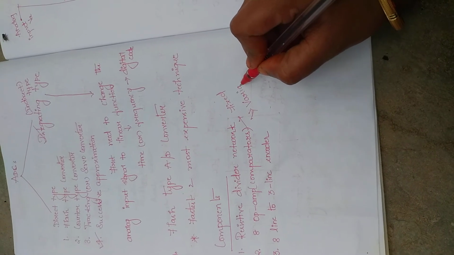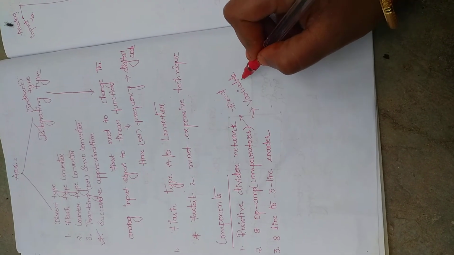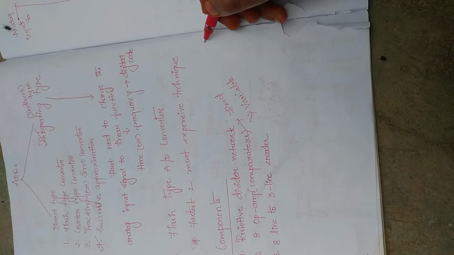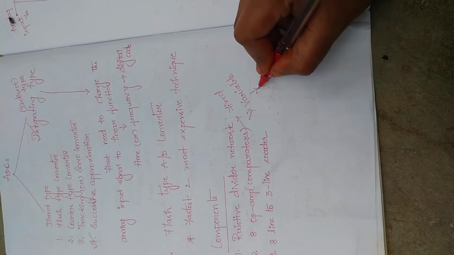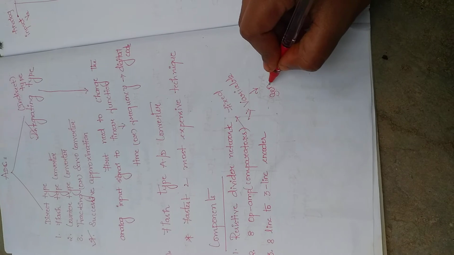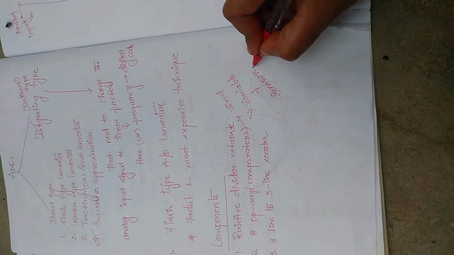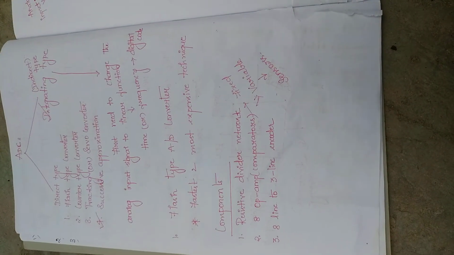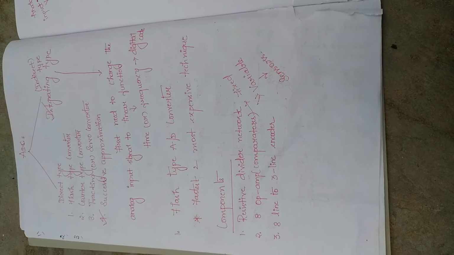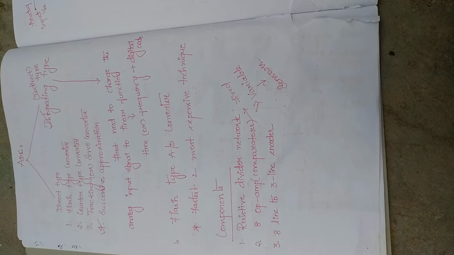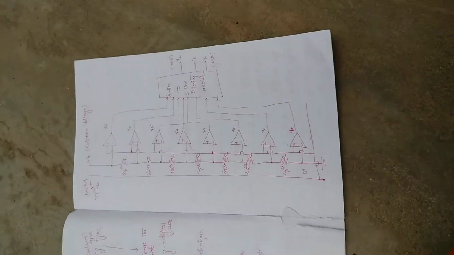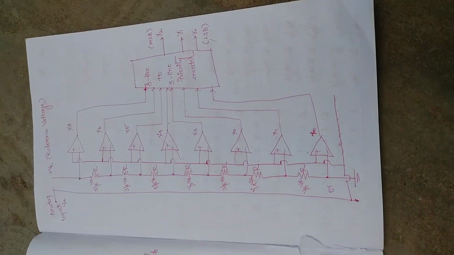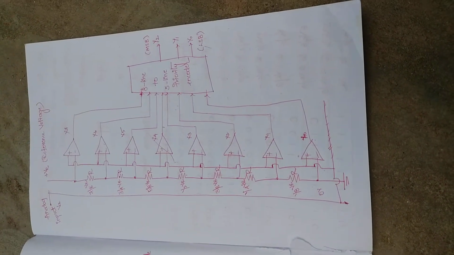These two values will be compared and you will get the output. The best example of a comparator is a sensor, whatever the sensor may be. So these are the three components you are going to use in the flash type A to D converters. Next, this is the diagram of the A to D converter.